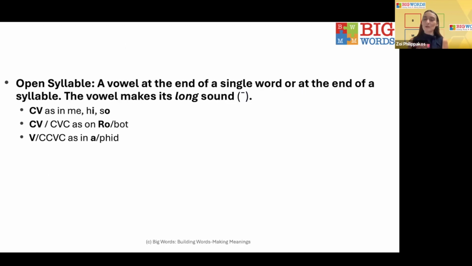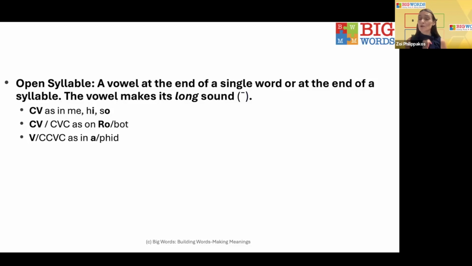An open syllable now is a syllable in which, at the end of the vowel, there is no consonant. The gate is open, the vowel can say its name. So for instance, I will have the word hi, where after the I, there is no consonant. So the vowel can say its name, the name it has in the alphabet. So it will say I, hi, or I will say oh, as in so. I can also have 2 syllable words in which the first syllable is an open syllable.